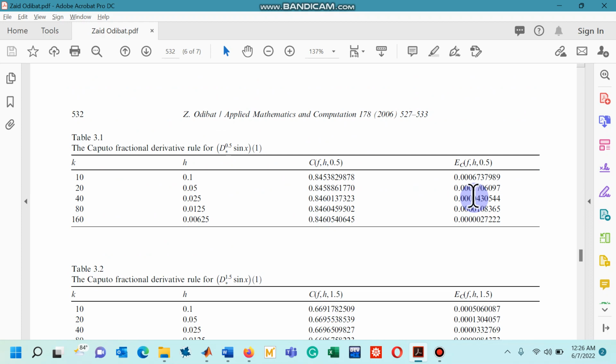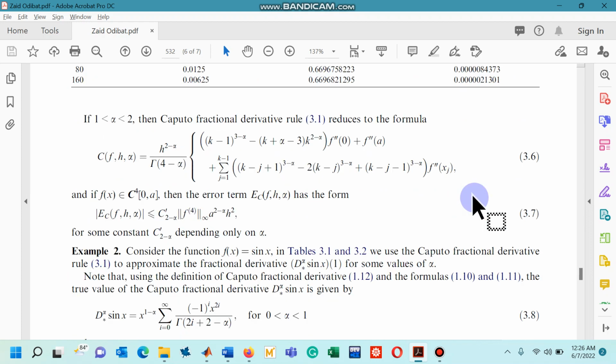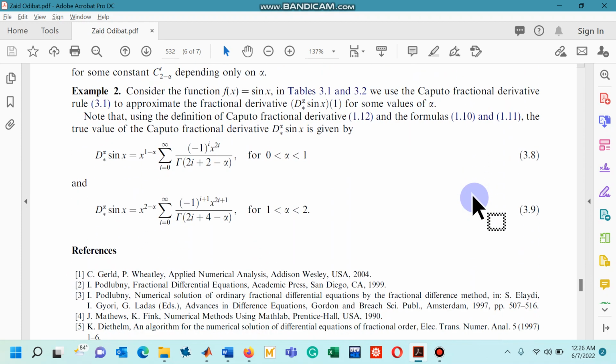So in MATLAB, I have solved example 2, as you can see on the screen. A function sin x I have taken. Shortly I will show you the code where the alpha order Caputo derivative of the sine function is given by equation 3.8 by an infinite series.